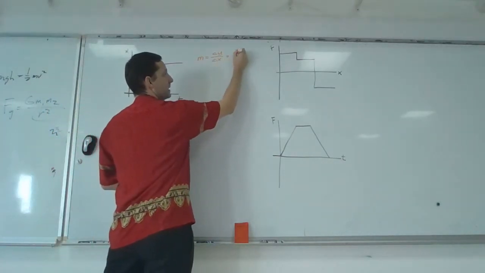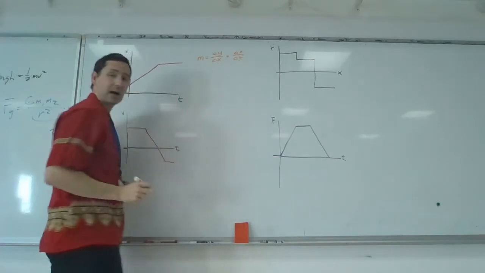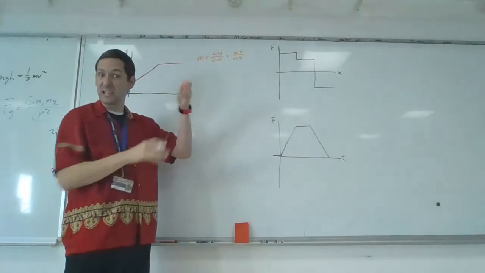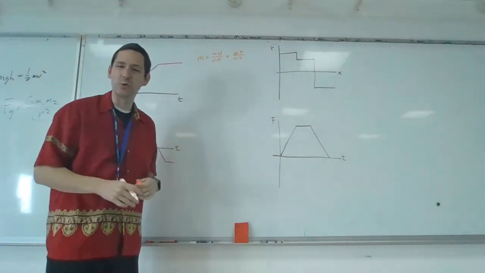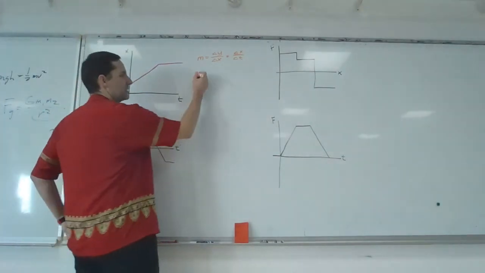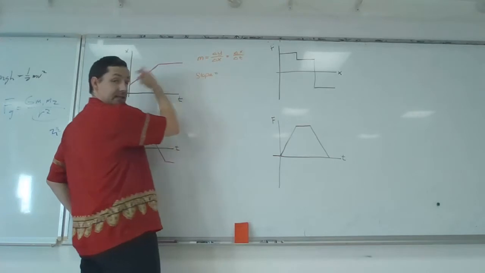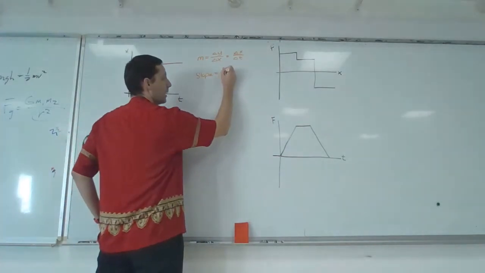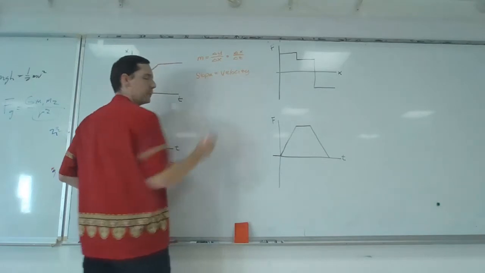And so that would be change in position over change in time. And your change in position, that's the distance that you've traveled, over the change in time, is equal to your speed or velocity. And so what we found out is that the slope of the distance versus time graph was our velocity. Okay, and I think you'll probably remember that.